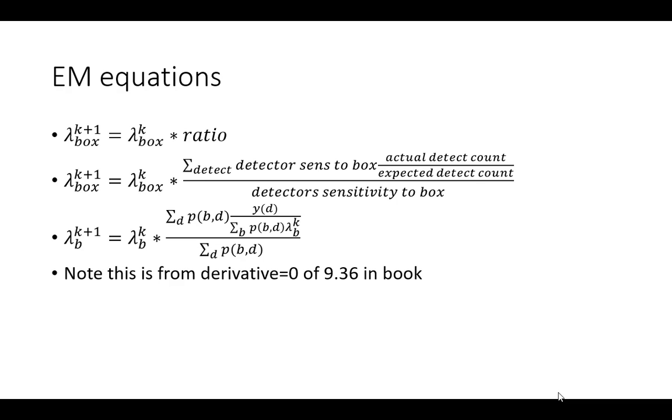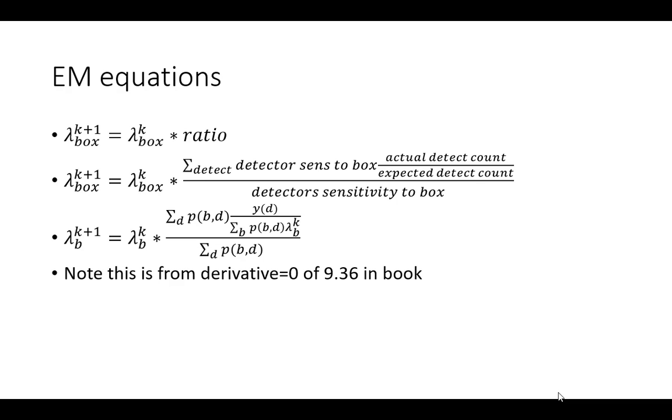My expected detector count: lambda is how likely an event happens. So lambda times the probability that that event gets detected, summed up, says how likely was something in that box detected. And this is what really was detected, versus what I thought was going to be detected.